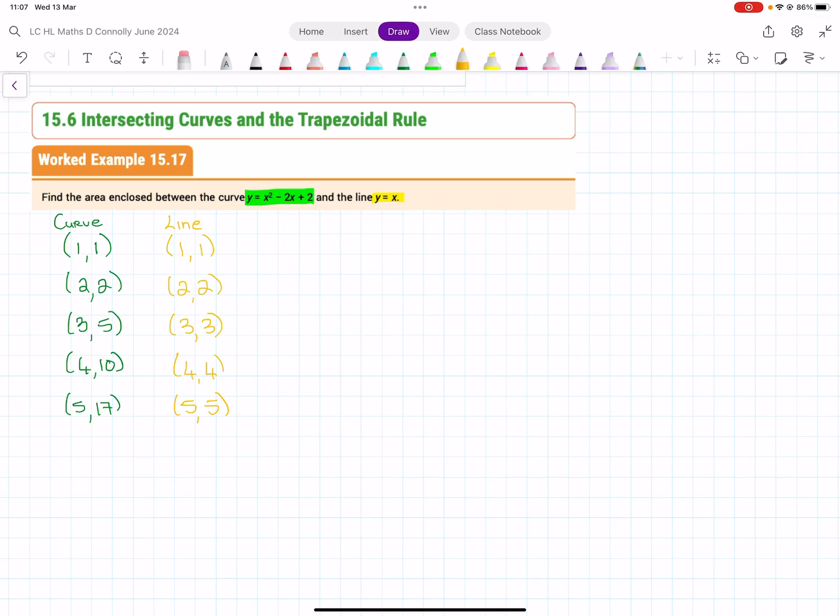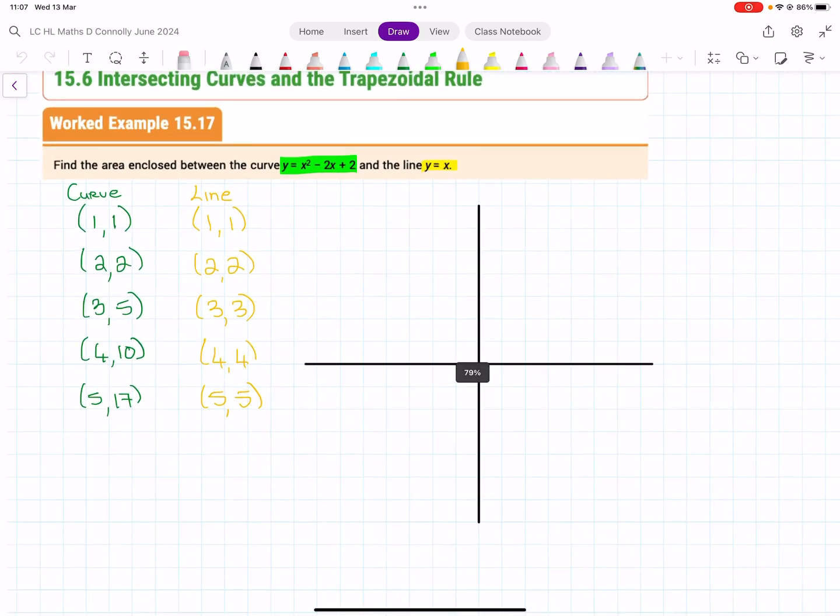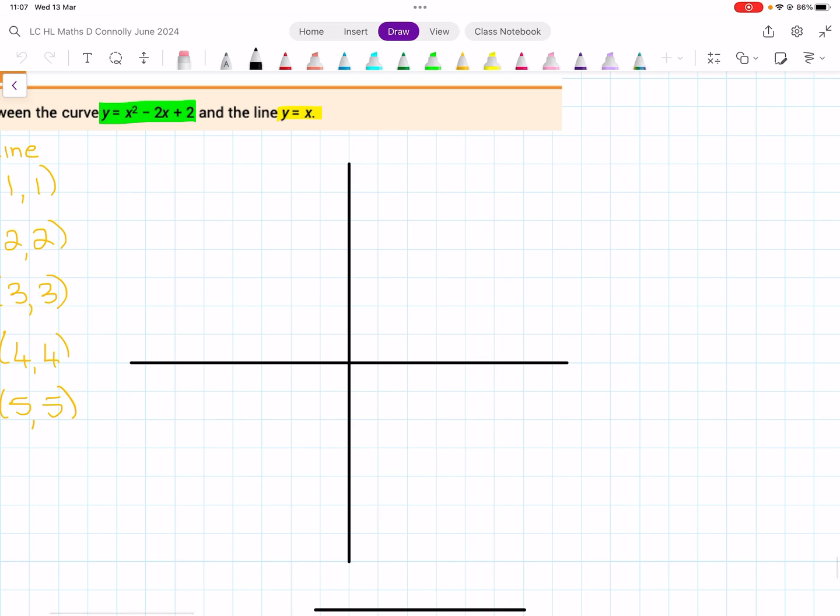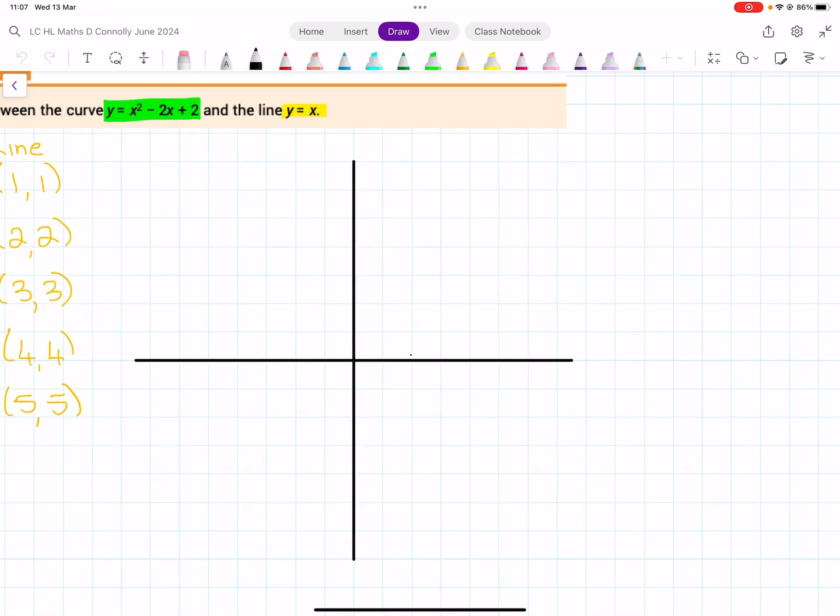Okay. So my x-axis only needs to go to 5. So 1, 2, 3, 4, 5.